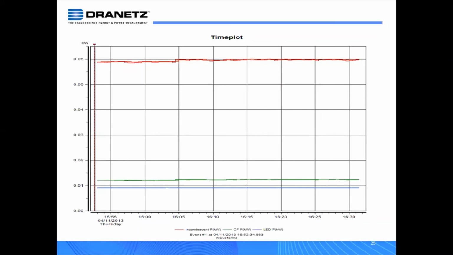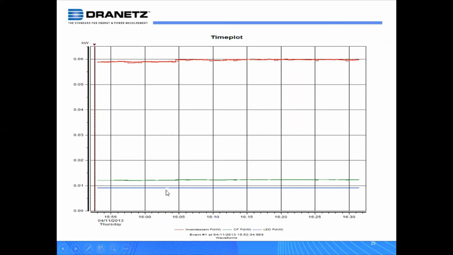viewing the active power. Here we have our trends. This is the incandescent bulb. This is the compact fluorescent bulb, or the CF bulb, and this is the LED bulb.